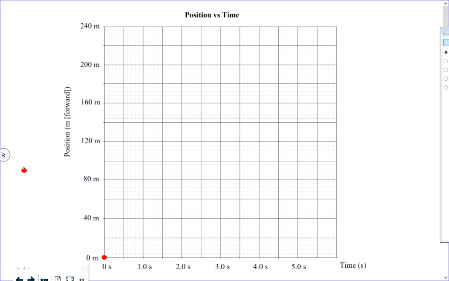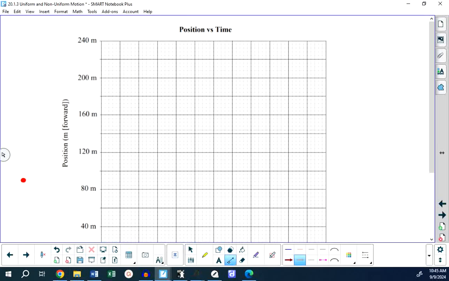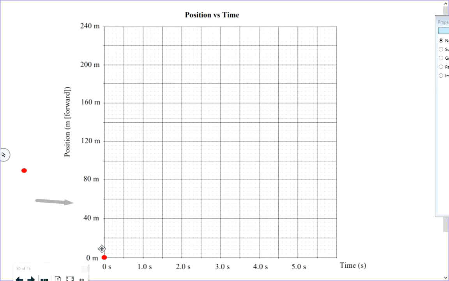So then 0.5 seconds, it's at 2.25 meters. So we got to work out what this scale is. These 5 squares that I'm indicating are 20 meters. Which means that each of these itty-bitty squares is 4 meters.